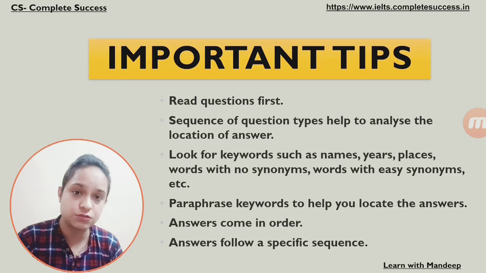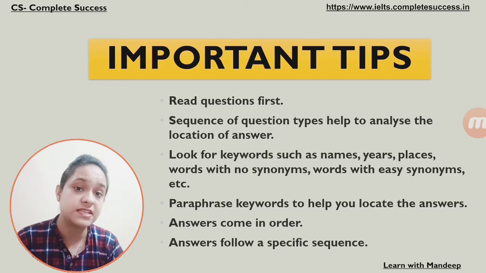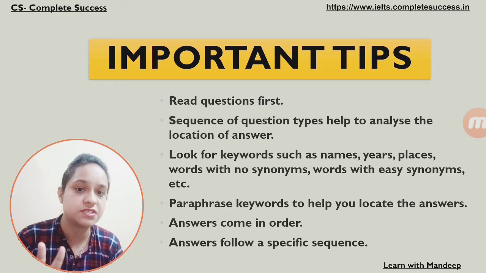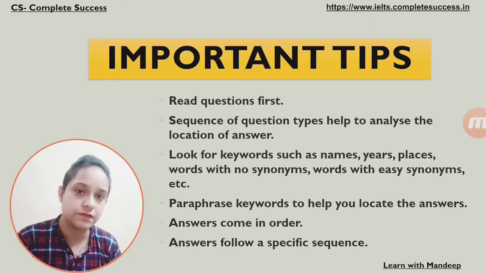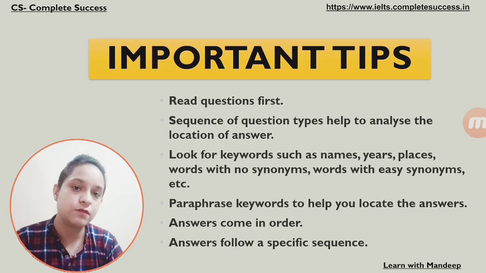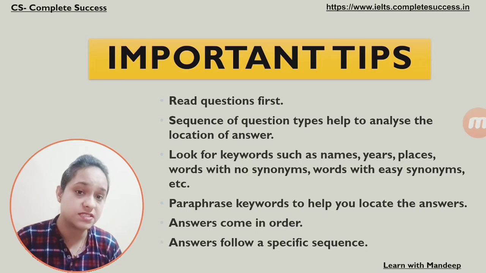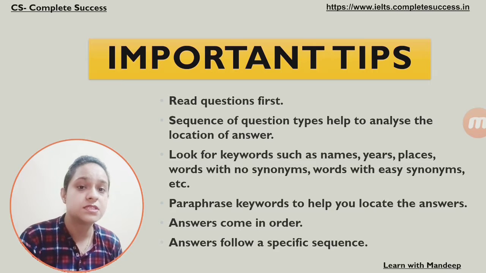Then for the next questions, 9, 10, 11, if they are also true false, you will get the answers one in each paragraph, depending on the first two questions. Okay, meaning they follow a sequence. And if you get two answers in one paragraph, then you will get the next two answers in one paragraph, because they always follow a sequence.